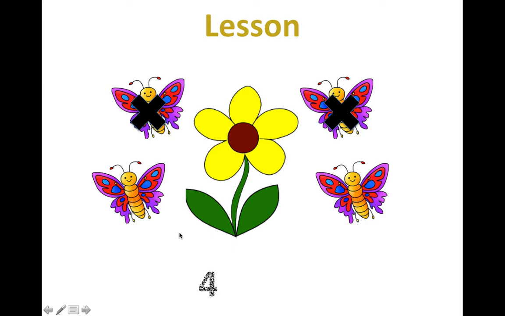So a number sentence would look like 4, because we started off with 4, and since 2 of them went away, which means it's a subtraction, we put the subtraction symbol. And how many went away? 2 went home. When we have to find the answer, what symbol do we use? Can someone please tell me or call out?